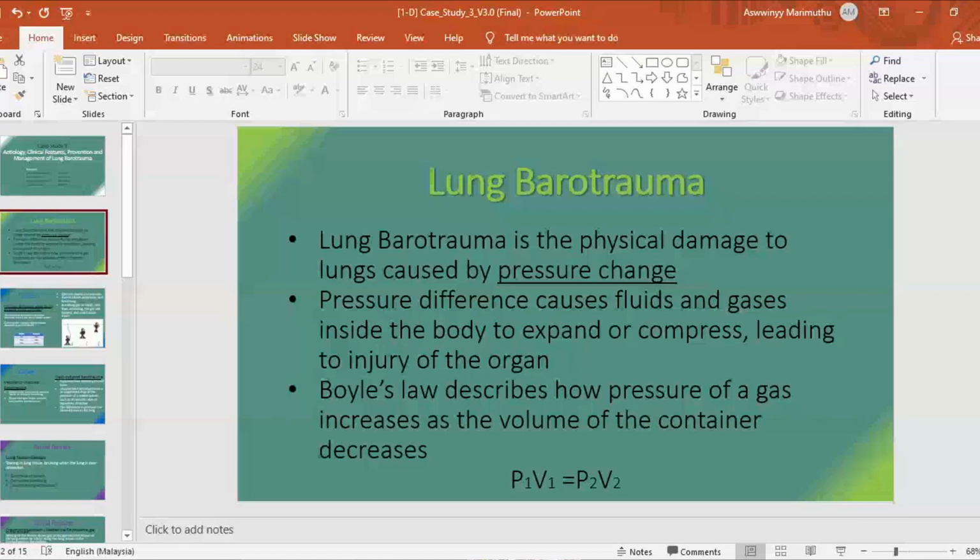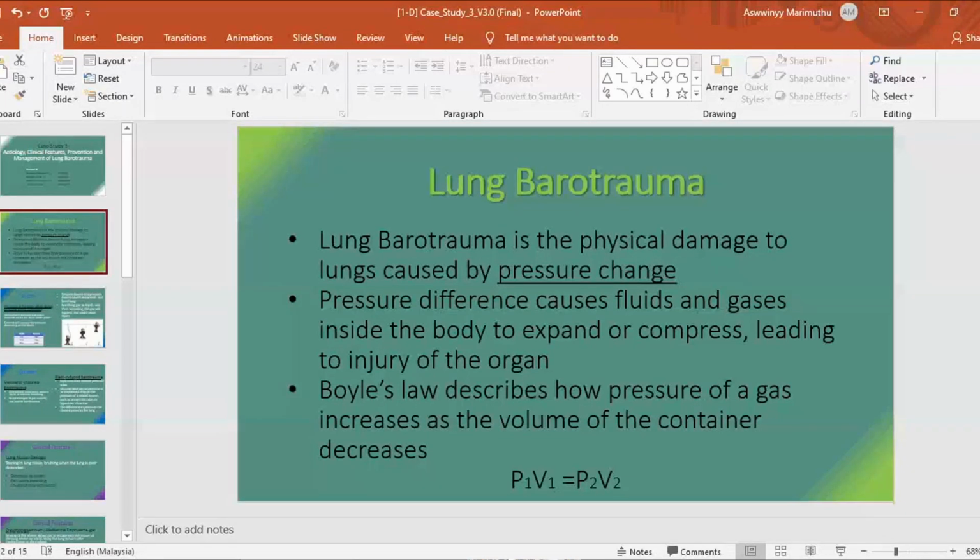When bubbles form inside your blood vessels, you get decompression sickness. It is another problem you will encounter if you go diving, and it is more dangerous than barotrauma. Barotrauma can cause sudden death, but decompression sickness also can cause sudden death if you don't manage it properly.